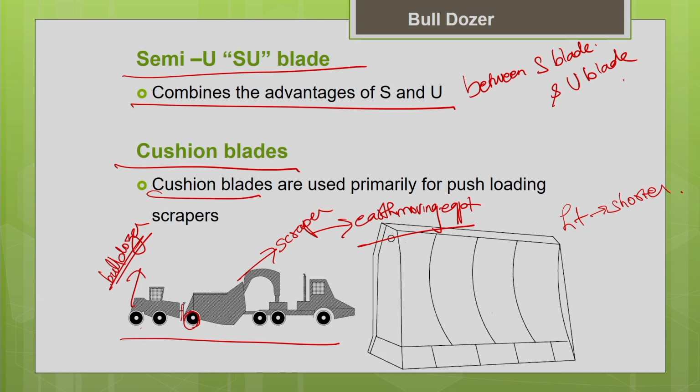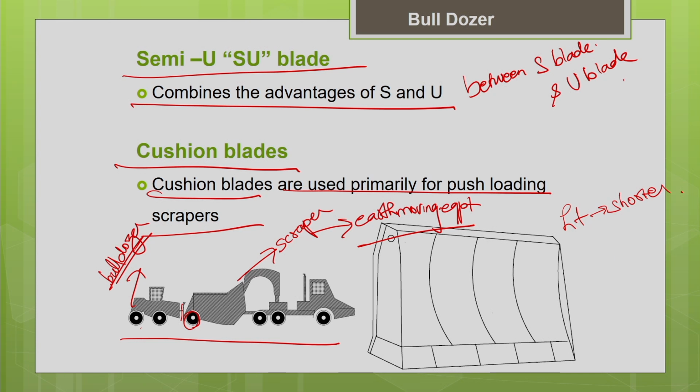The blade height is shorter, and no movement is possible with this blade. I cannot tilt, pitch or angle; it is just fixed. The productivity of cushion blades is also less with respect to earth moving operation. It is not commonly used for earth moving, it is used primarily only for pushing other machines.